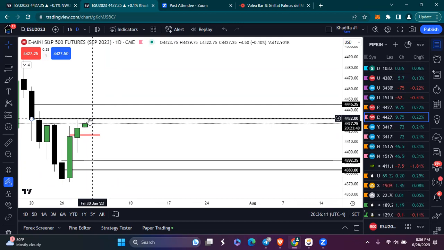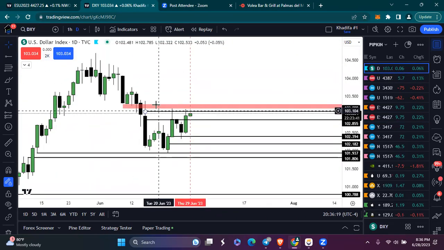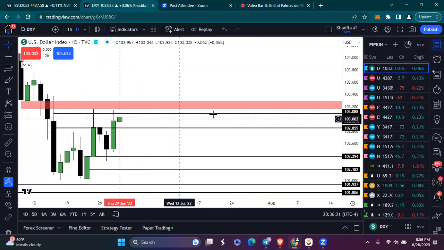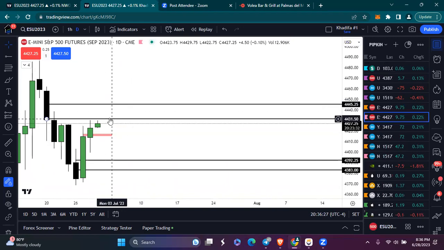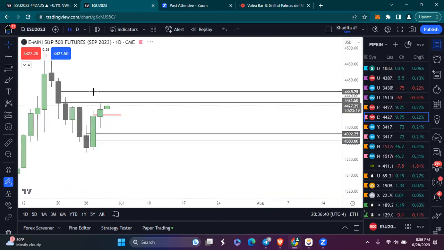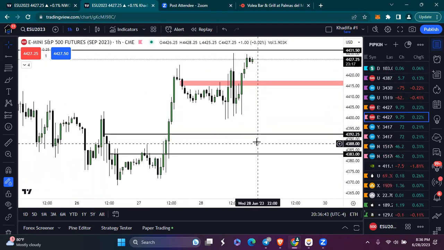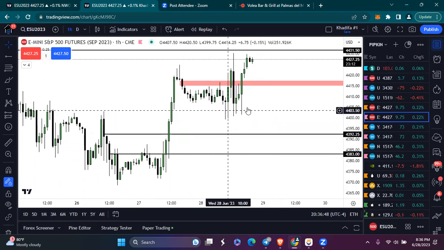If the dollar continues to push up into that weekly fair value gap right here, that red shaded area, then we may see ES push up and retest that lower weekly PD array and give us a big reaction to run back down into this PD array to the sell side.